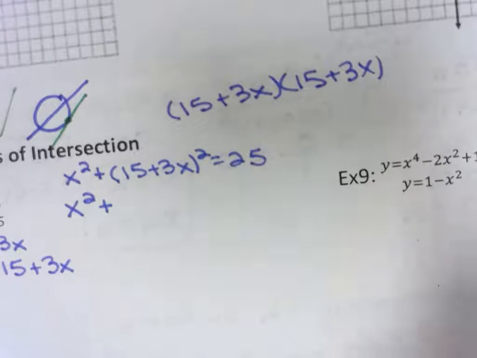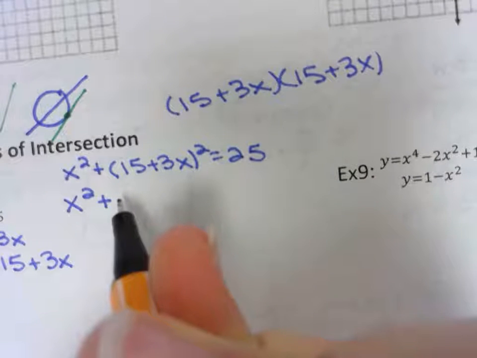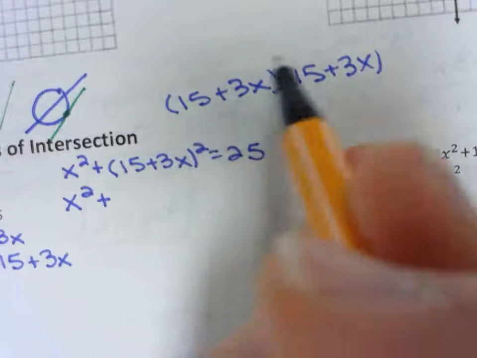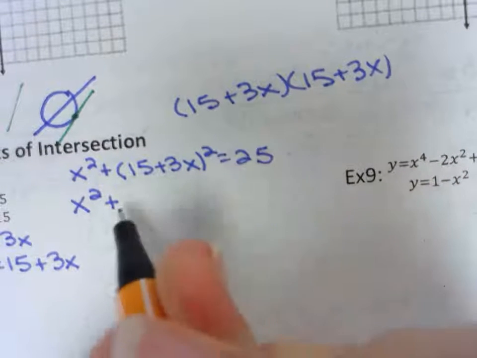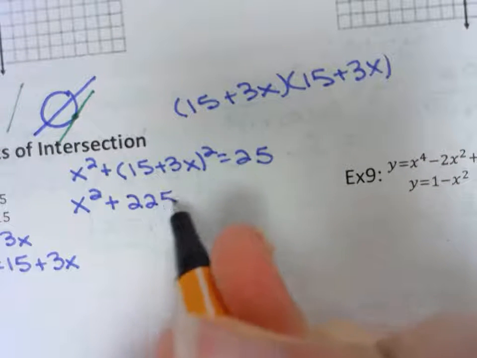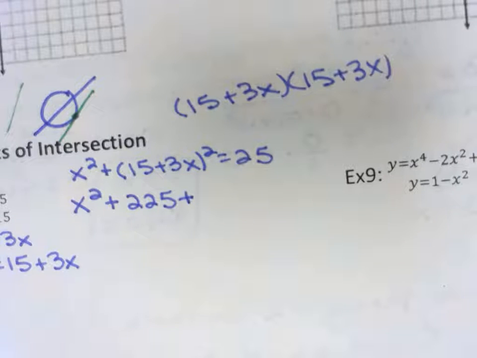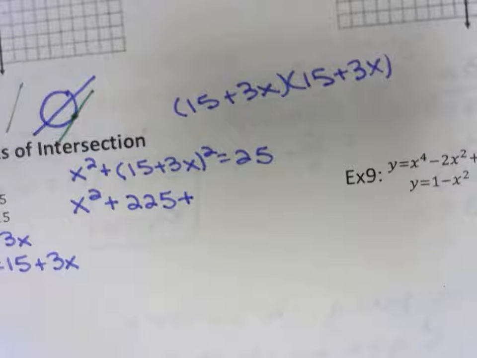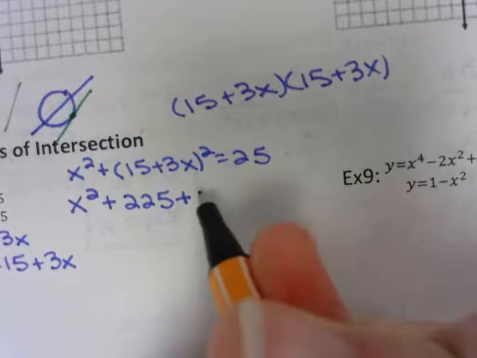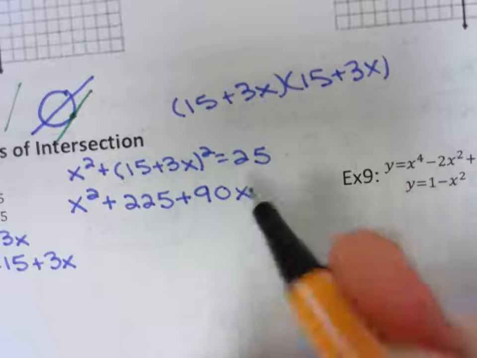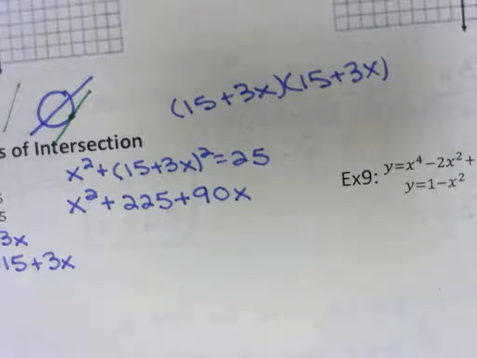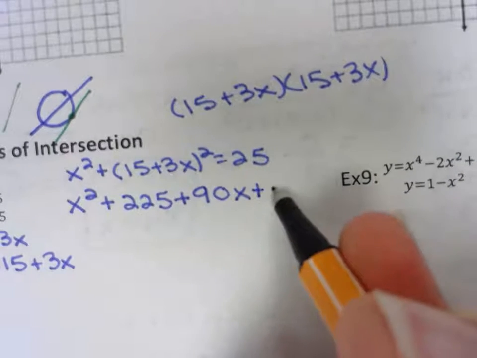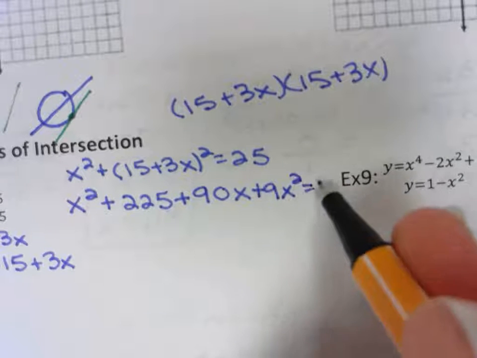First will give me what? 225. My inside two, when I do 15 times 3x plus 15 times 3x, will give me 45x and 45x, so 90x. And then my last two will give me 9x squared equals 25.